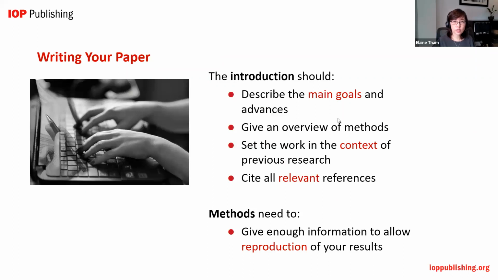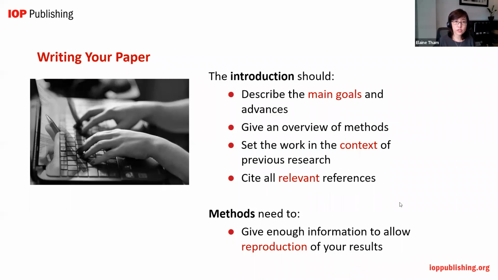Next, we have the introduction. This section should describe the main goals and advances and provide an overview of the methods used and set the work in context of previous research findings. Make sure you cite all relevant references.